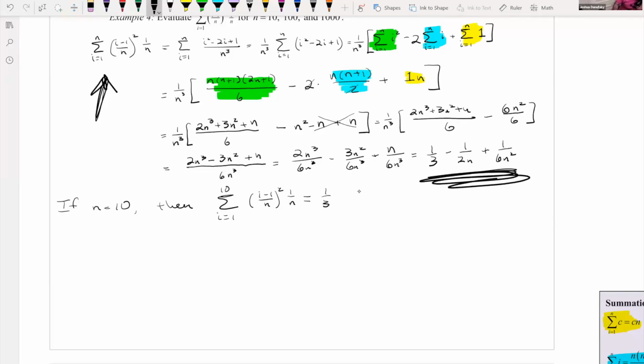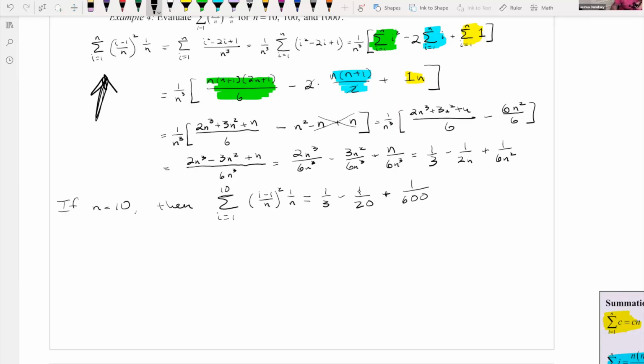So 1/3 minus 1 over 20, which is 2 times 10, plus 1 over 6 times 10 squared. 6 times 10 squared right there is going to give us 600.